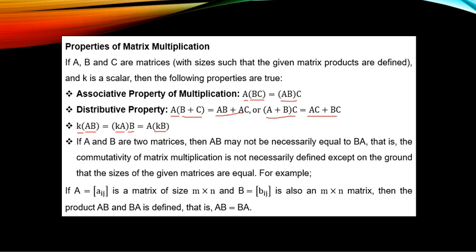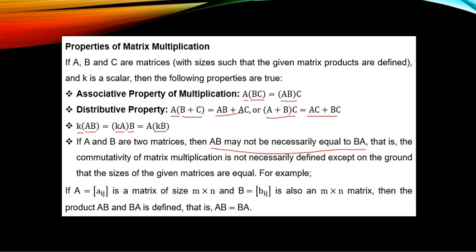The fourth one then: if A and B are two matrices, then AB may not necessarily be equal to BA. That is, the commutative property of matrix multiplication is not always defined. It can be defined but not always.